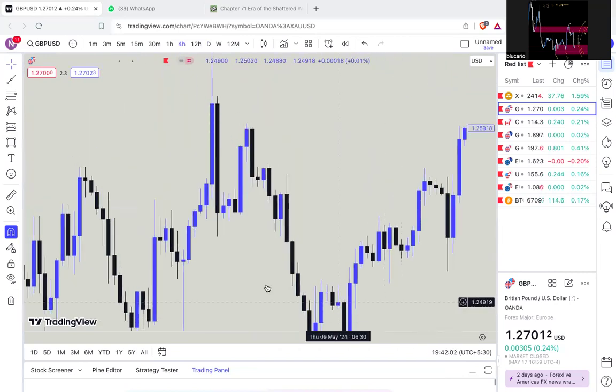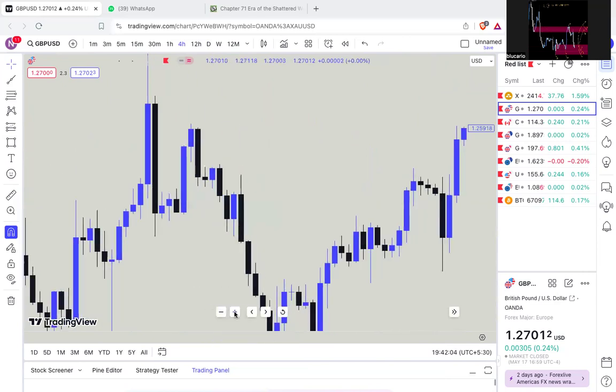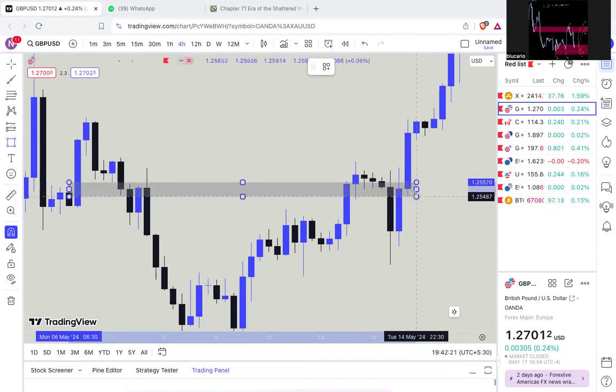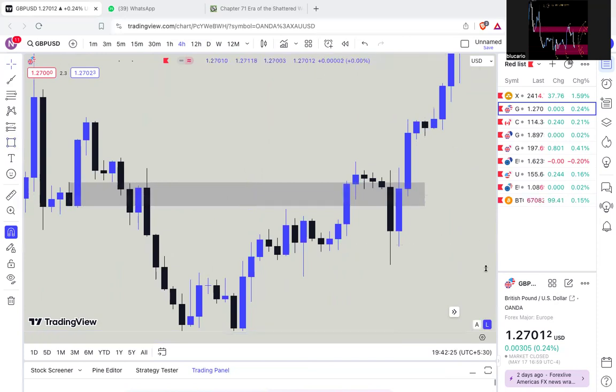Now I'll show you an example for engulfing sell buy. Here we have a different situation.